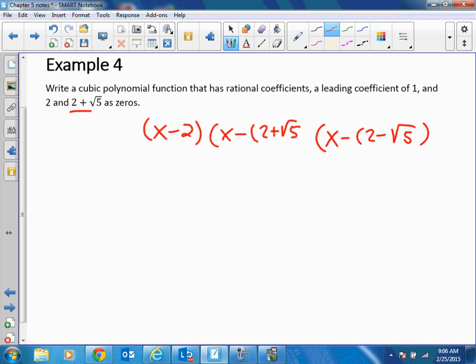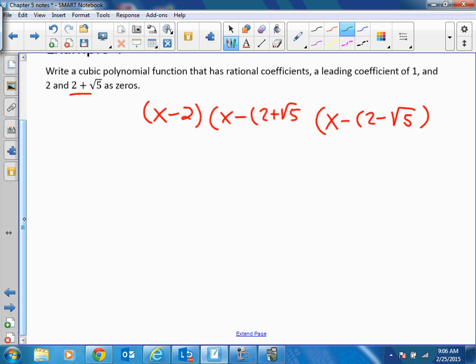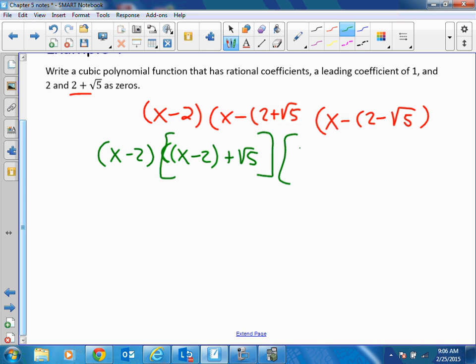Okay. So then what we want to do is rewrite it, or regroup it. So we're going to rewrite it as x minus 2 times x minus 2 plus square root of 5. I guess I can use brackets for that. Okay. And then rewrite this one as x minus 2 minus square root of 5.